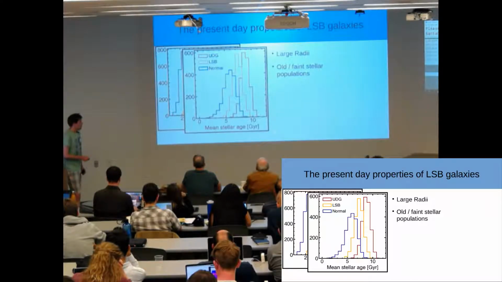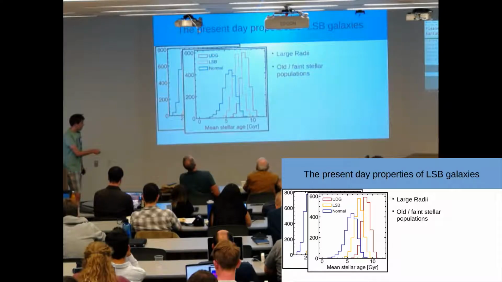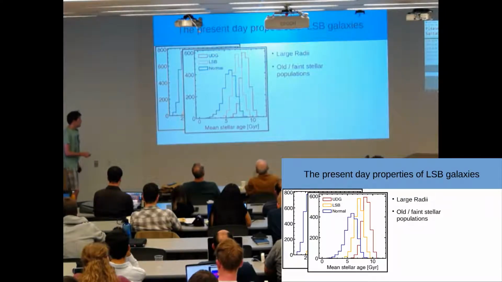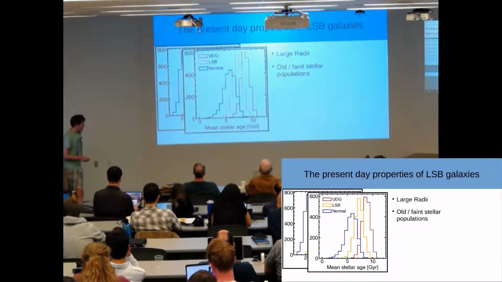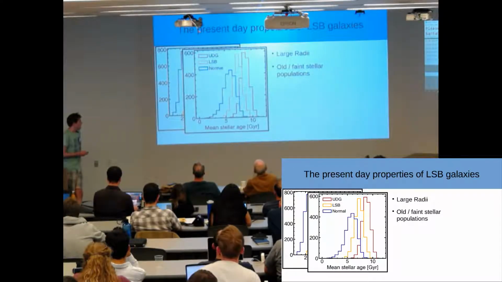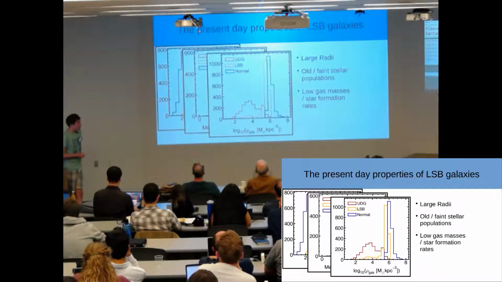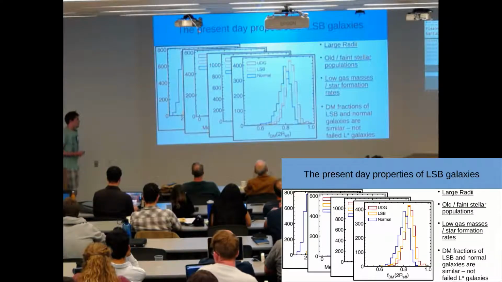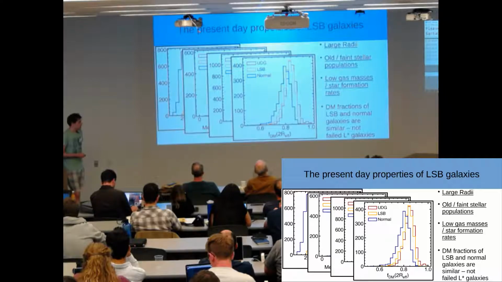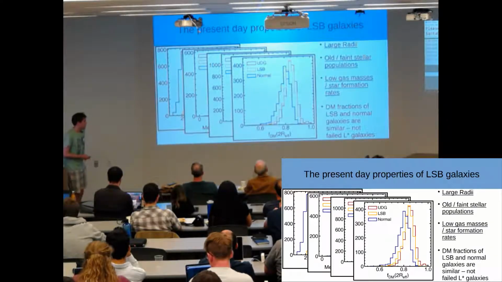They also tend to have very old stellar populations, although there's a fairly significant group of galaxies which are still fairly young. They have low gas densities, so their star formation rates are generally quenched. But in terms of properties like dark matter fractions or halo spin, they're fairly typical halos for their mass.